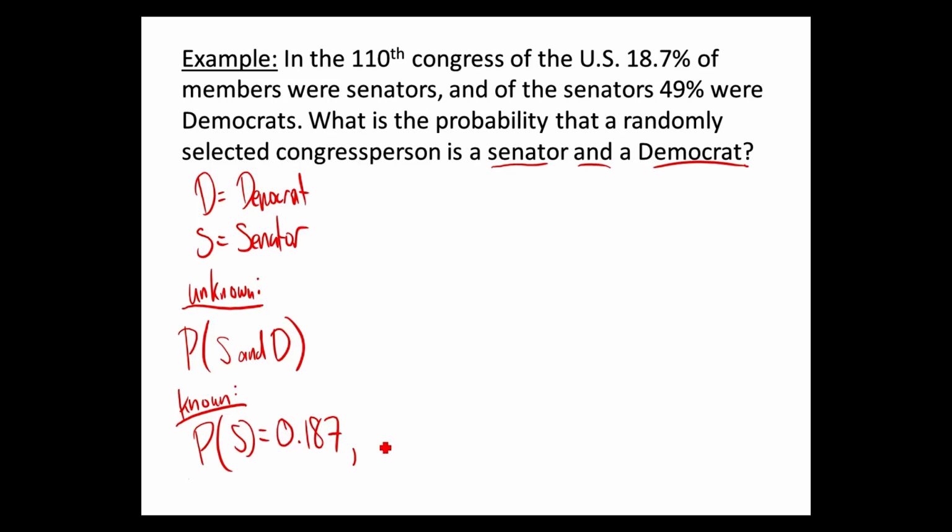Is that the probability of D, just the probability of being a Democrat overall? Is it S given D?